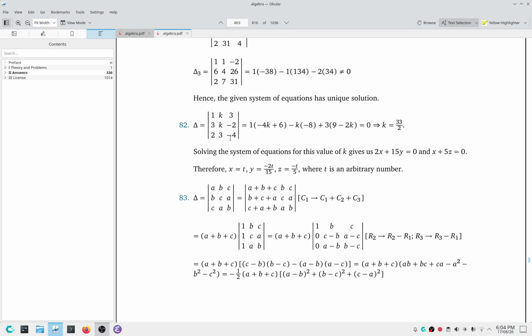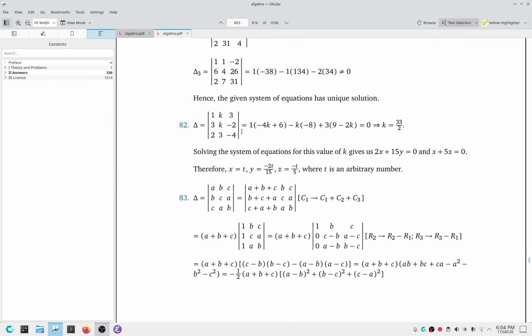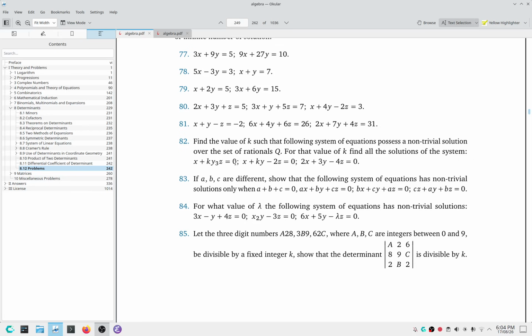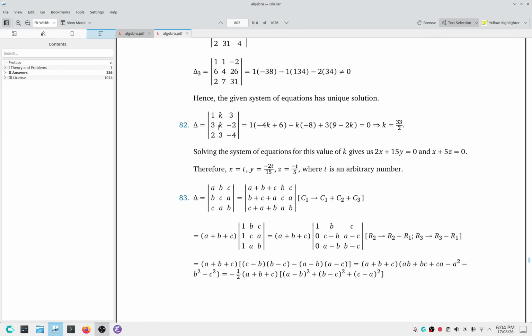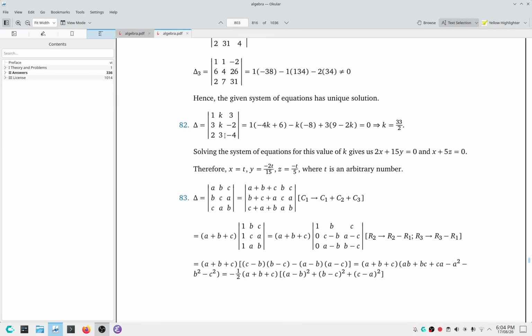So we have to find the solution such that it is non-trivial, that is delta should be equal to 0. So we write the delta, the coefficients of x, y, z of the first equation, 1, k, 3, and then 1, k, minus 2.